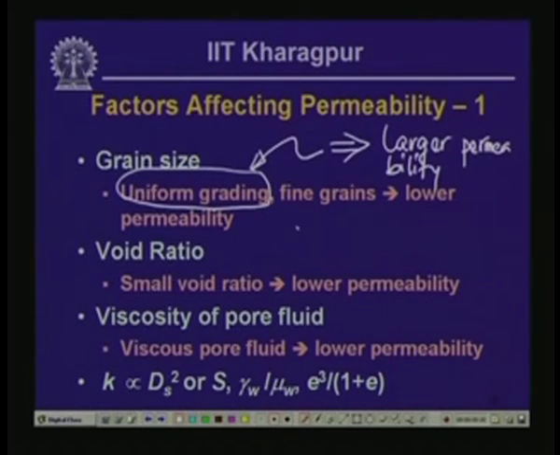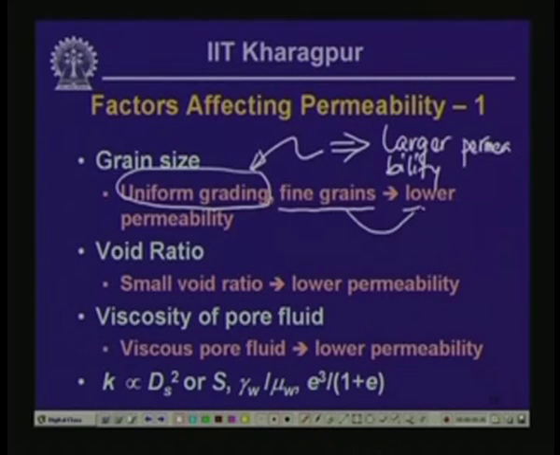and if you have got a fine grained soil, on the other hand, the void spaces are going to be very fine. So the movement of the water within the interstitial pore space is going to be inhibited by the capillary tension.